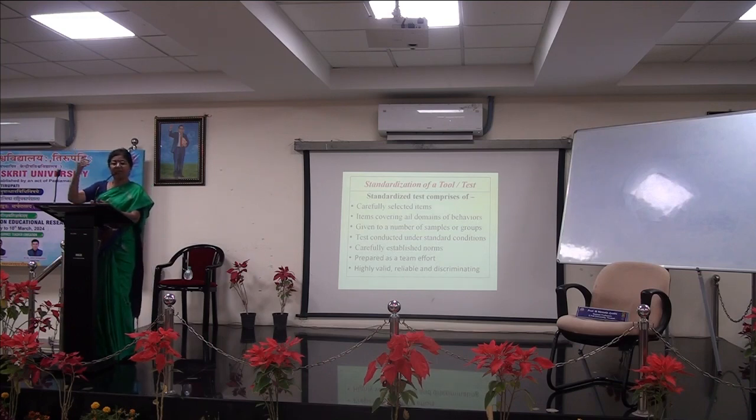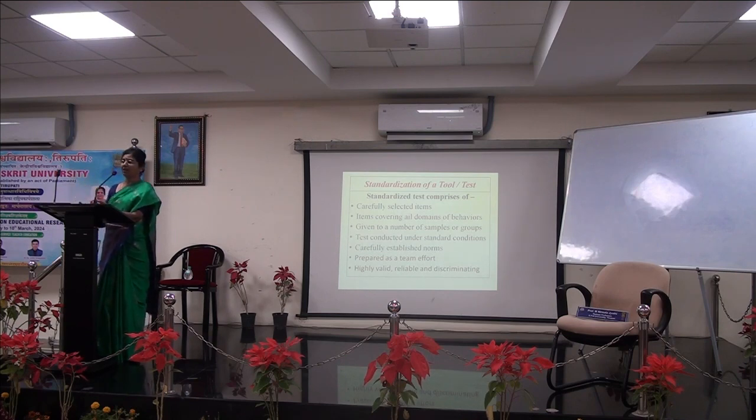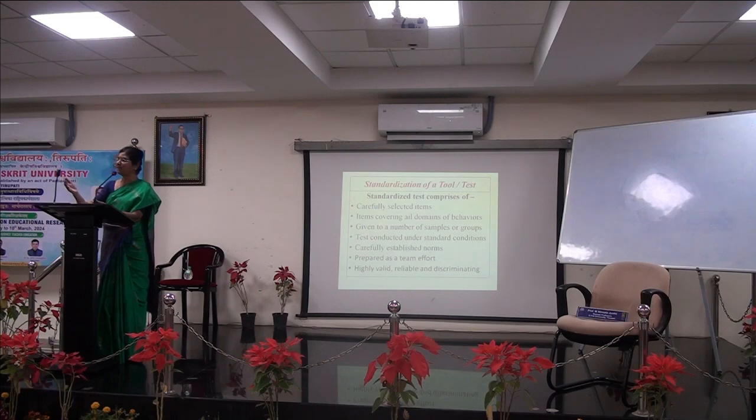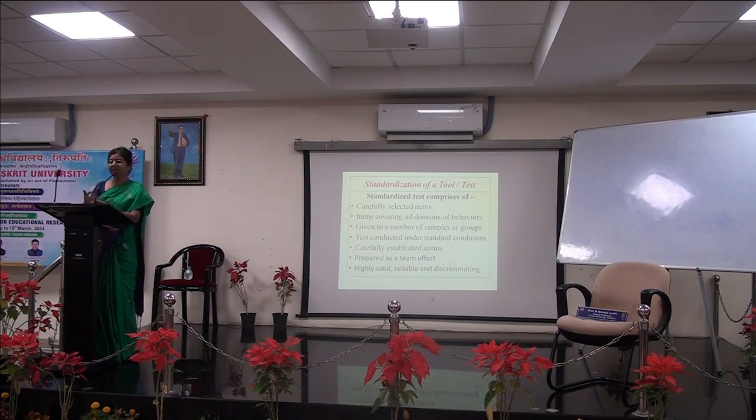Like that, we have regional norms. We can have local norms, and we can have sex-wise different norms. For girls, how much? For boys, how much? For urban areas, how much? For rural areas, how much? Like that, there are different types of norms you need to establish.